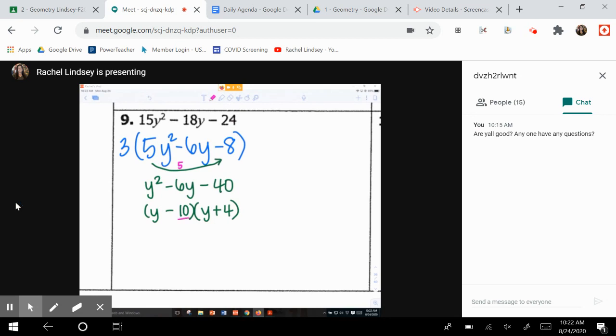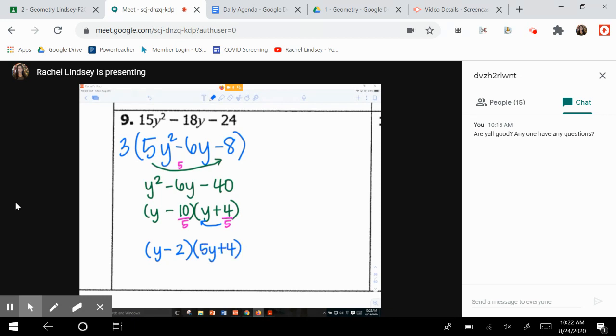What we slid. Divide by what you slid. So what's 10 divided by 5? 2. And can you simplify 4 over 5? No. So I'm just going to go ahead and slide that back in front of the y. So I have 5y plus 4.